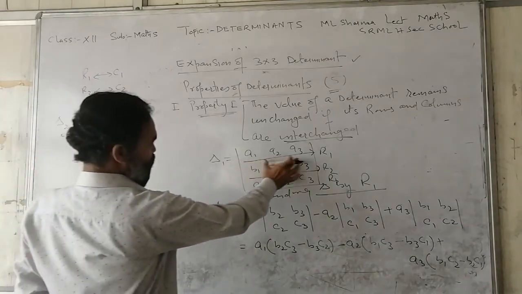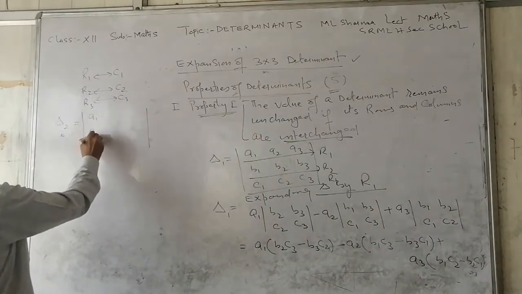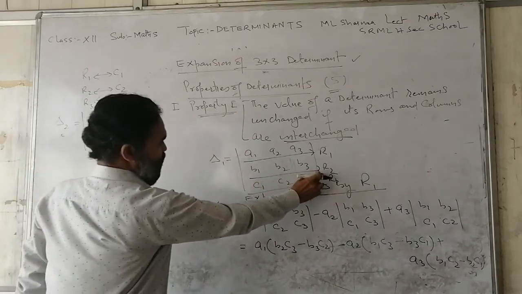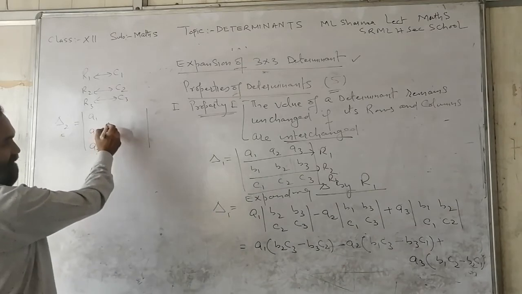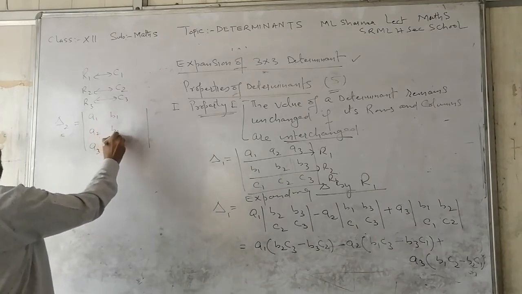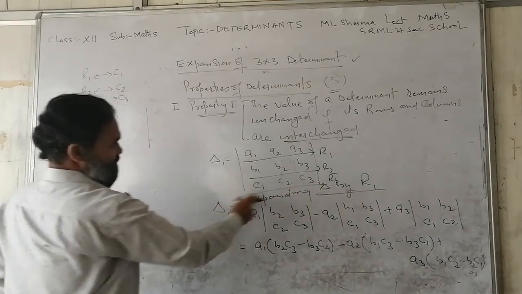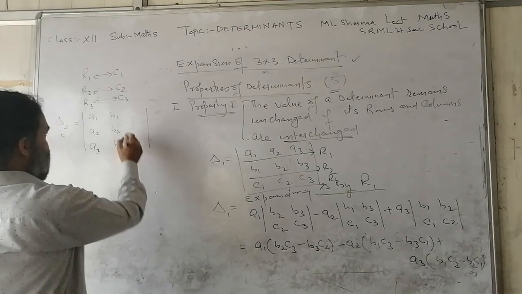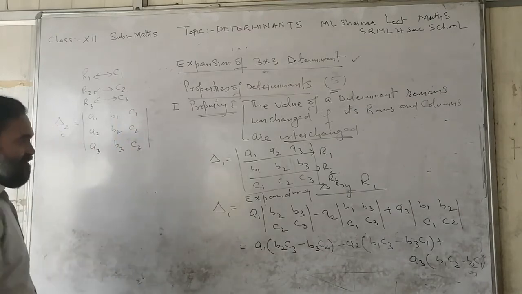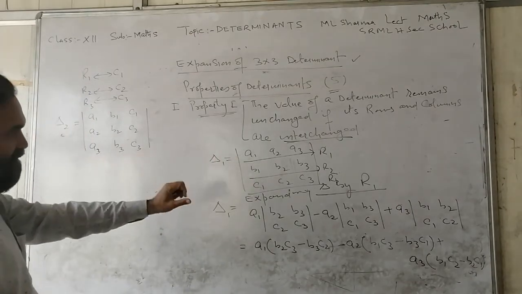So this row will become the first column, so I will write A1, A2, A3. Row 2 will become the second column, that is B1, B2, B3, and row R3 will become C1, C2, C3. So this determinant and this determinant are of the same order.